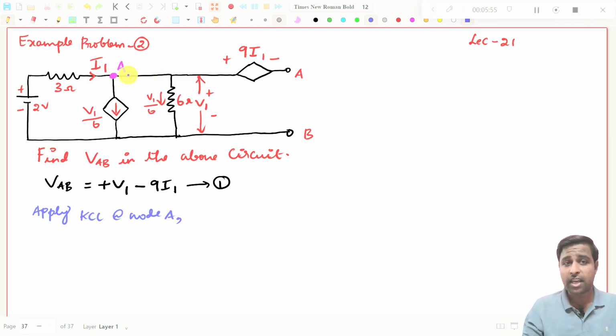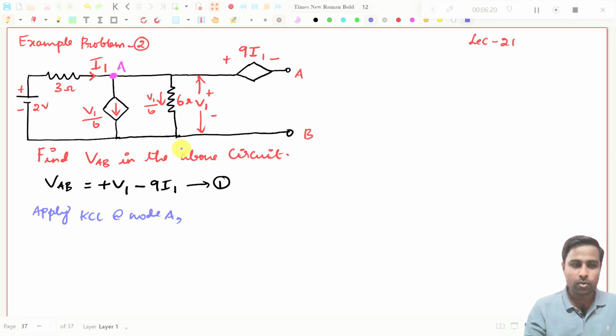See, this is not a node. Try to understand. I have told you already. If you mark this as a node, between these two nodes there are no elements connected. So if a circuit is given like this, then you have to consider these two nodes as a single node. That I have already told you. I1 is coming in, V1 by 6 is going away, and also V1 by 6 is going away.